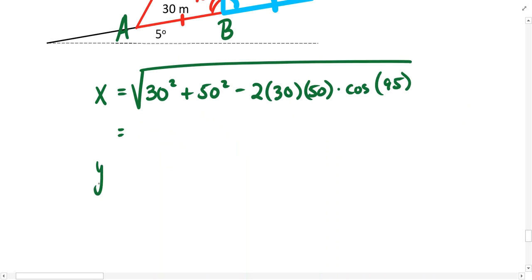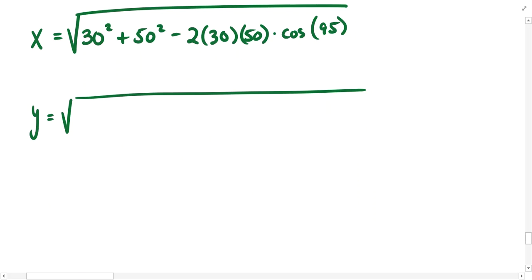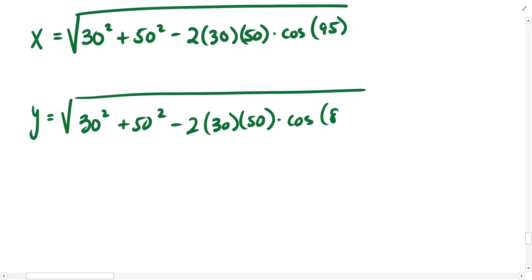Before I do that, however, I would like to point out that y is computed in much the same way. Y would be equal to, again, referring to the same diagram, we've got two side lengths, 30 and 50, with an angle measure of 85 this time. So the expression is going to be virtually identical. 30 squared and 50 squared, less 2 times 30, 50, and the cosine of 85 degrees.